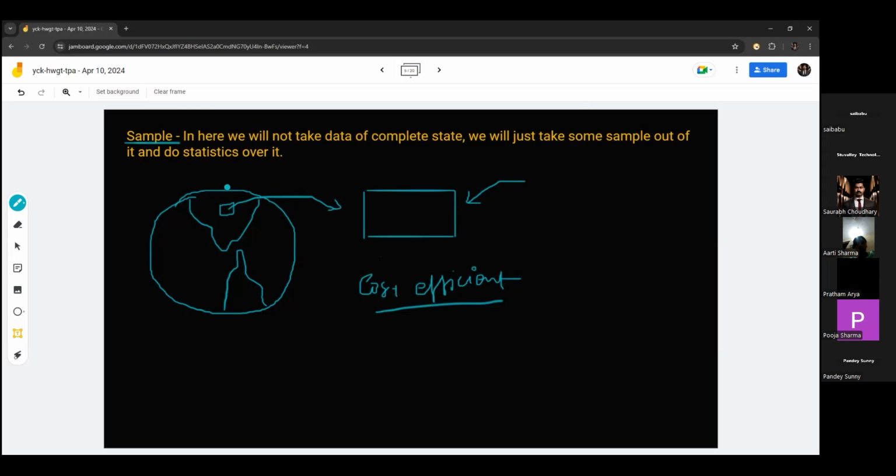Okay, give me some real-time examples of sampling. For example, suppose you are working in a product company, a biscuit company, say Maggi, anything.